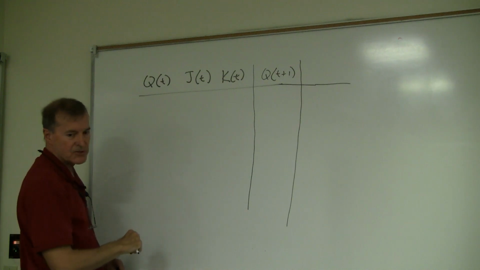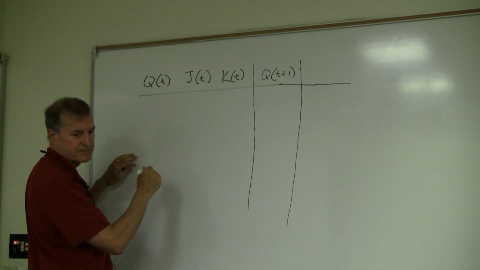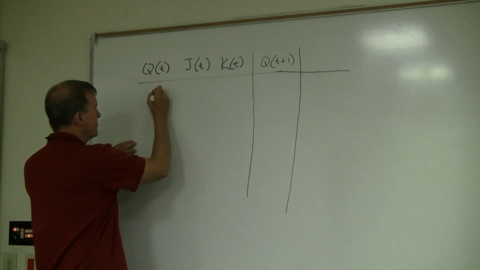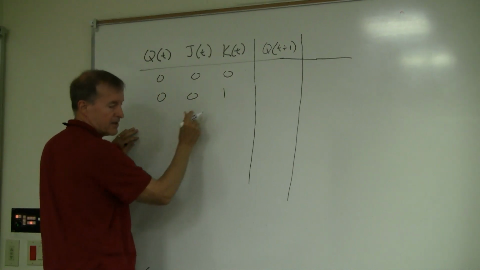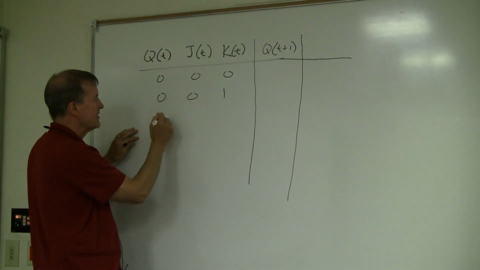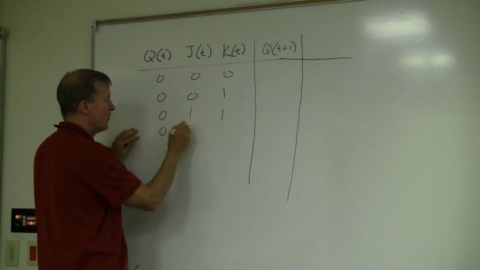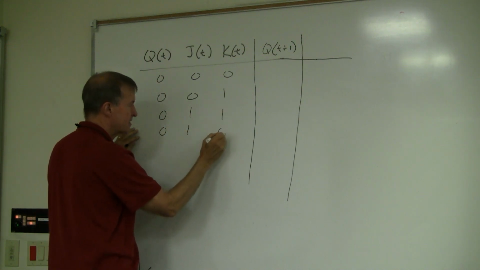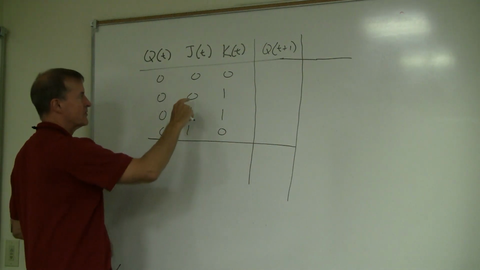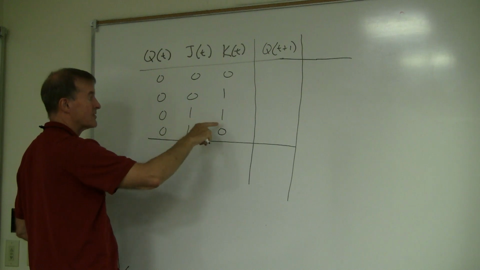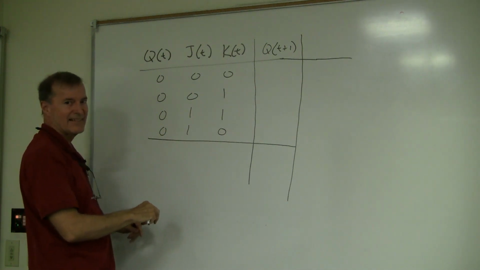Okay, now we're going to list the combinations: 000, 001, then 011, 010. Why didn't we do 000, 001, 010, 011? Because it'll be easier to load into the Carnot map.